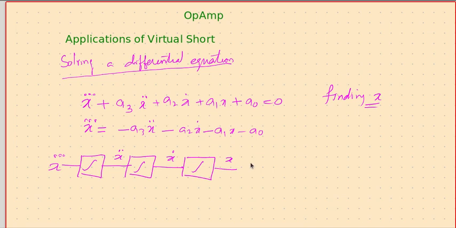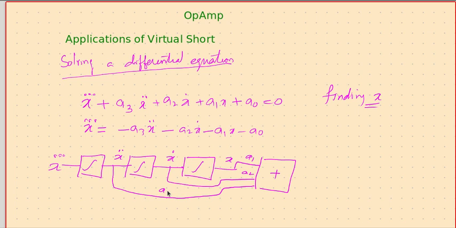Now we sum them up with the appropriate coefficients. So this is a1 times x, this a2 times x dot, and this a3 times x double dot.